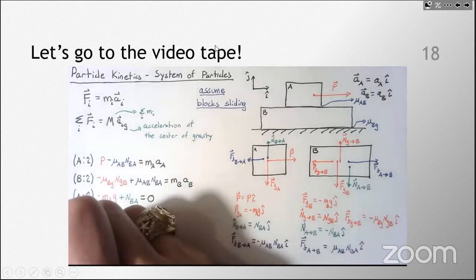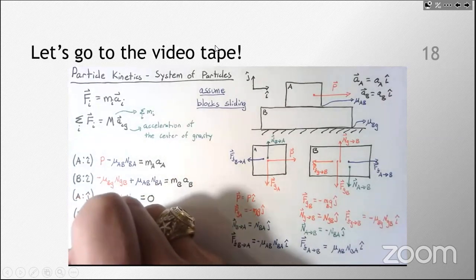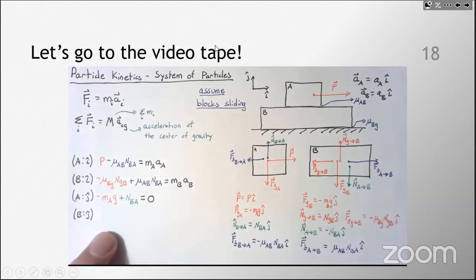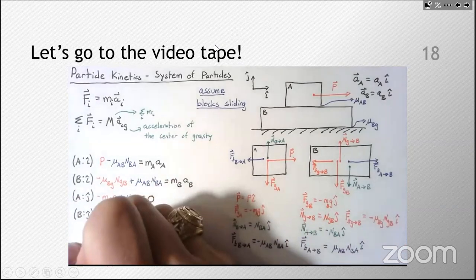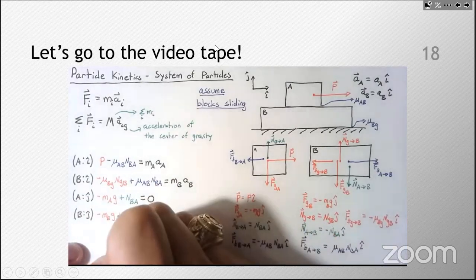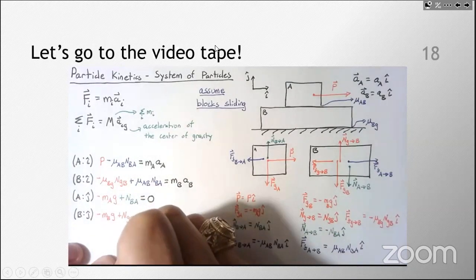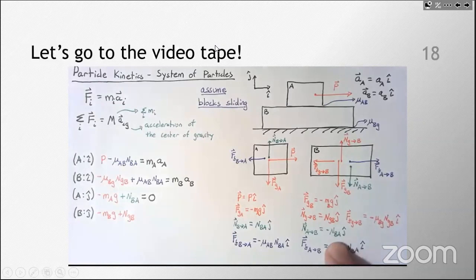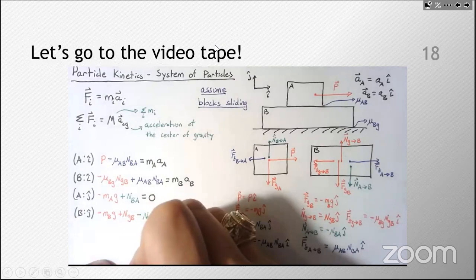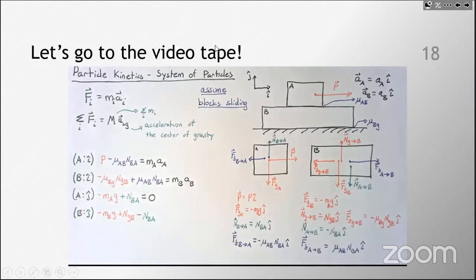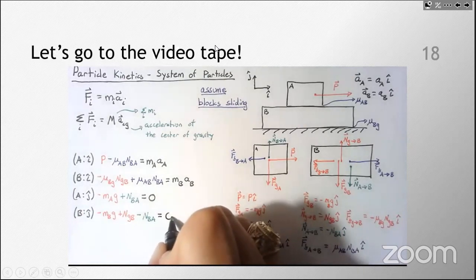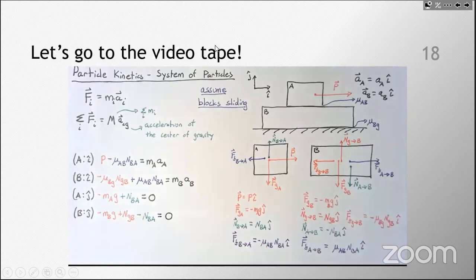All right, our last equation is B in the j direction. For this one, we have two external forces. The force of gravity is negative m_B times g plus this normal N_GB, and then our only other force is, again, this N_BA. So we have minus N_BA, and once again, there's no acceleration in the j direction, so this will be equal to 0.